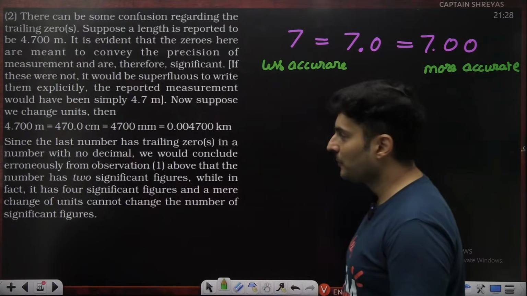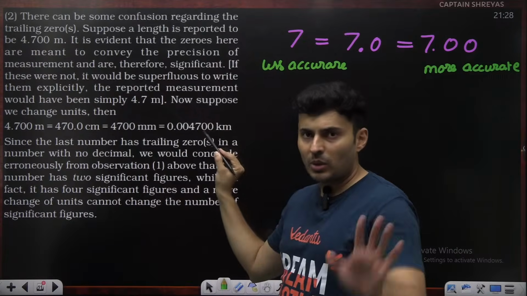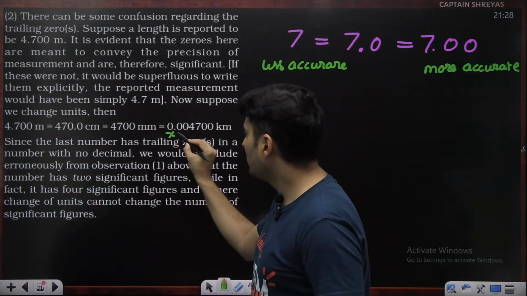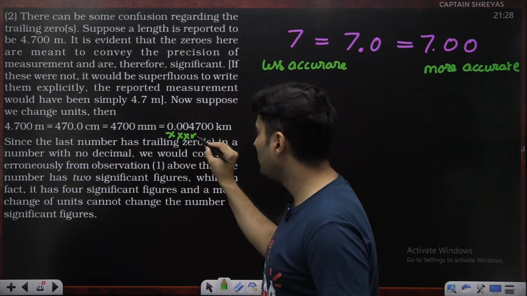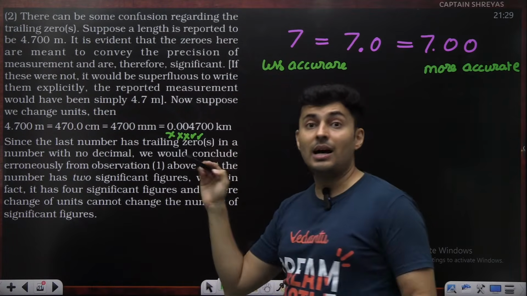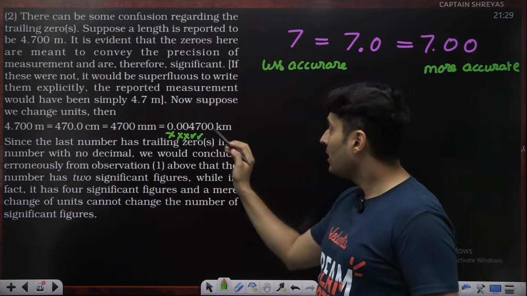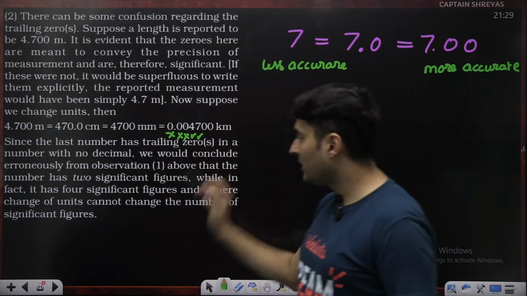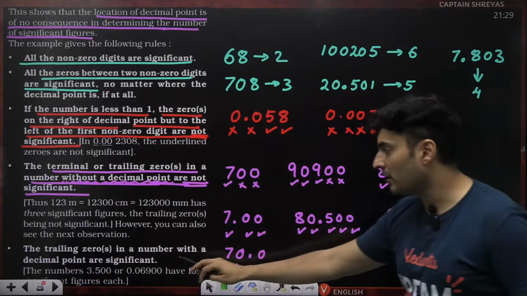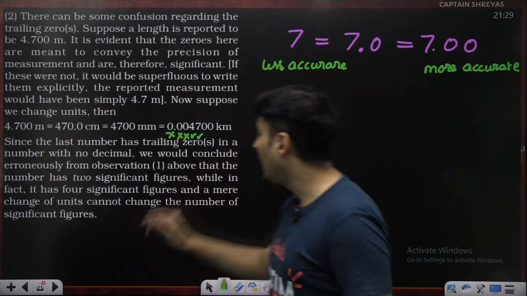Take this example. Because this number is less than 1, obviously this 0, this 0, this 0 are not significant, this 4 and this 7 are significant. A lot of people think that these two zeros are not significant because this is a number less than 1. No. If there are zeros after a decimal place, like you can see over here, a number ending with zeros after a decimal, they are significant.